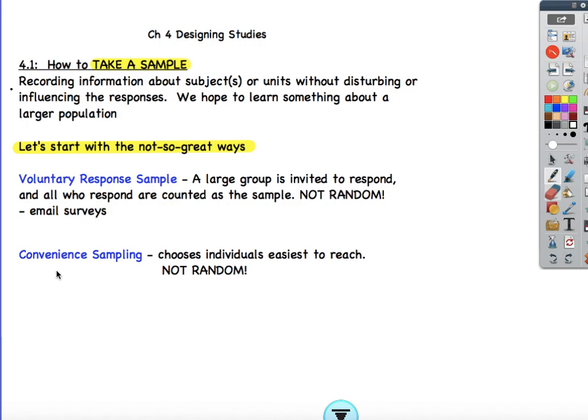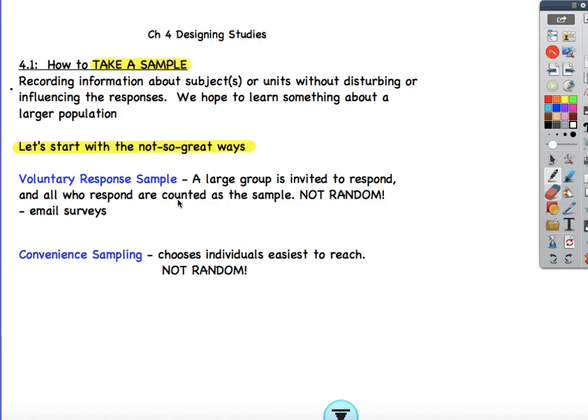So voluntary response sample, that is one of the easiest possible ways to gather a sample. You just go up to people who are easy to find, and ask, well, I shouldn't say easy to find, that's more convenience. With voluntary response sample, it is easy, but it's like just sending an email out, like an email survey type thing.